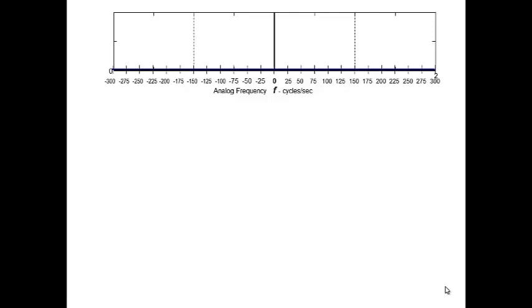Well, I'll argue that 2 e to the minus j 5 pi over 6 is just a numeric constant. It's a complex value, but it's a single value. It's a number, a scale factor. And so it works the same way with e to the j 2 pi f0 t.